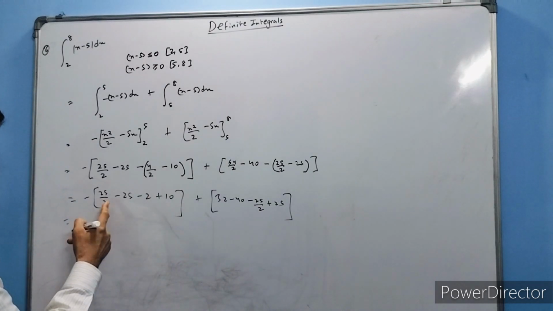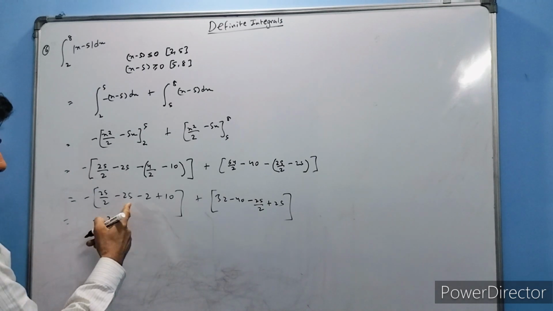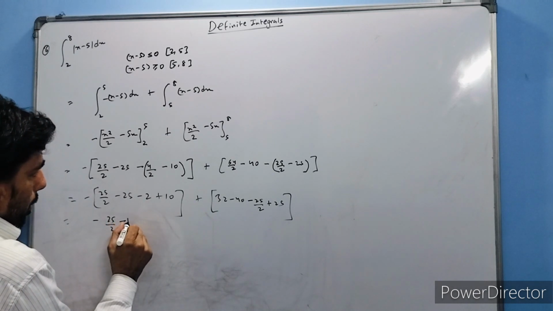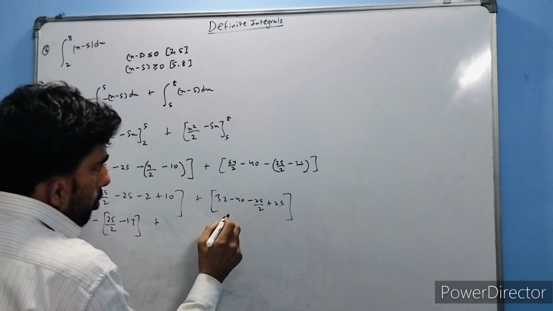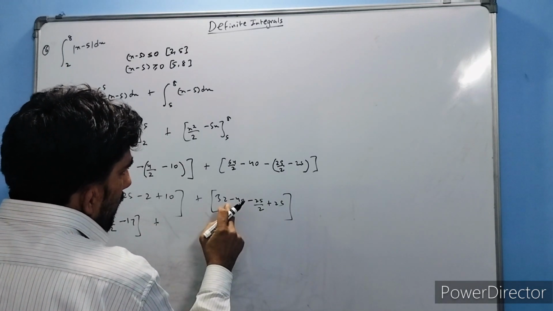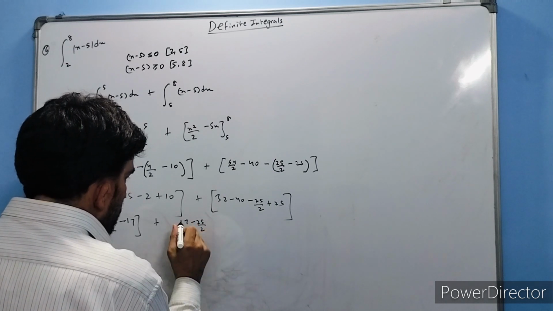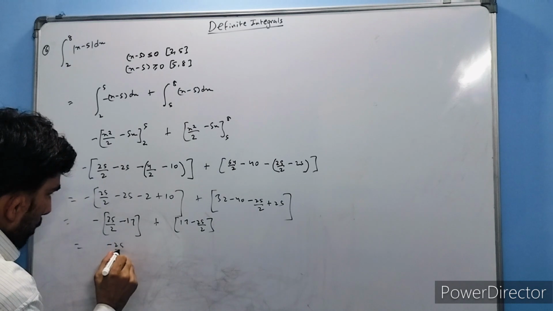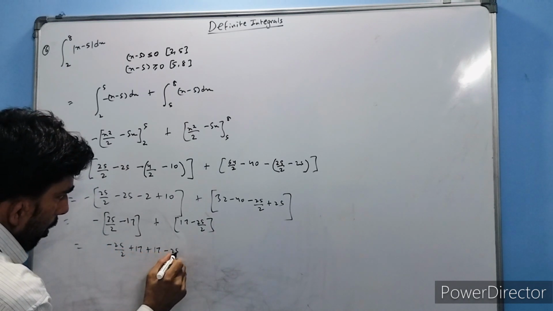So now what is left with us? We have minus sign, 25 upon 2. Now minus 27 plus 10 minus 17. Plus here also I got minus 8, 17. 17 minus 25 upon 2. If I now do this, minus 25 upon 2 plus 17 minus 25 upon 2.